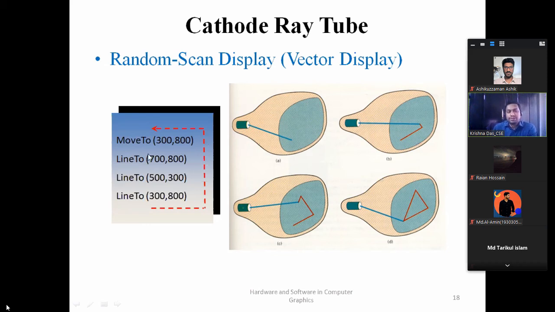The processor will take this information and give the signal, and according to that signal the electron beam will paint it. How have they done it? First they throw the beam on a specific location, 300, 800. What are they, 300, 800? The coordinates, exactly. The coordinates have been defined with the origin point on the topmost corner on the left. This is the origin point.